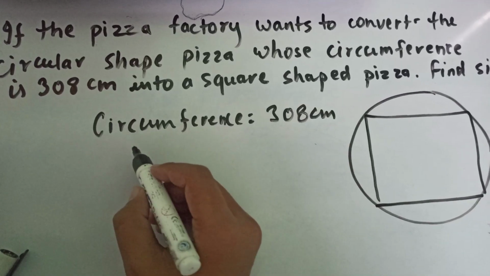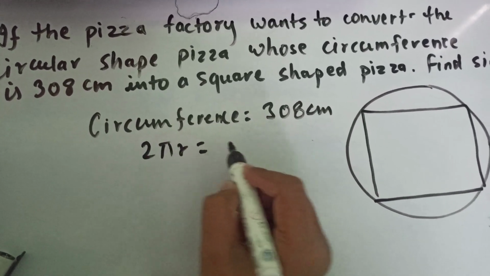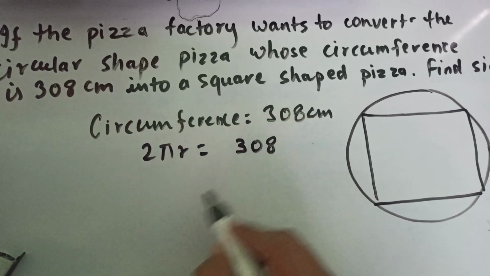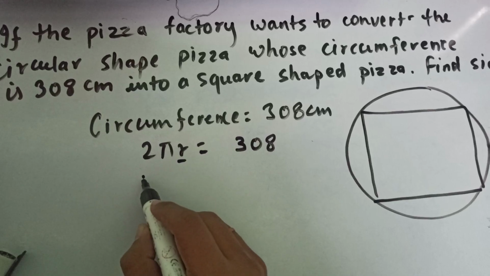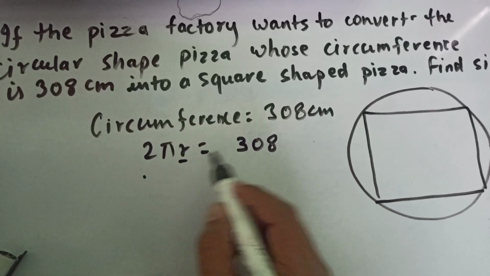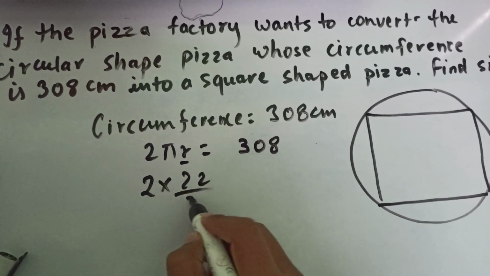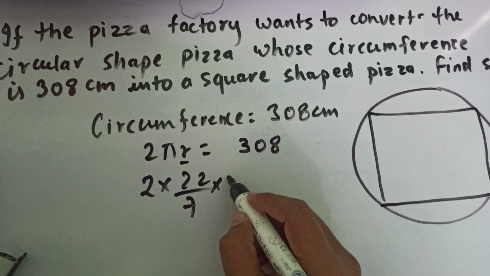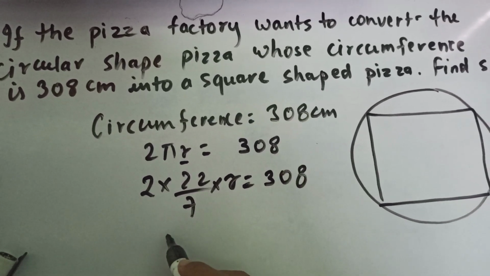So we know that the circumference of a circle is 2 pi r, which is equal to 308. Now we can find the r of the circular shaped pizza. So we can put the value of pi, 22 upon 7, and then 2r is equal to 308.